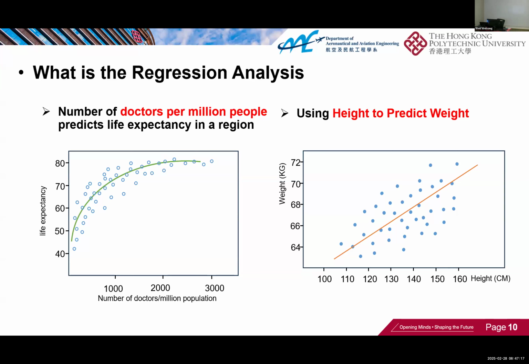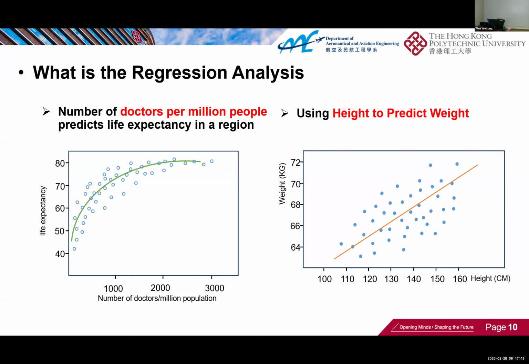Based on those data, you can fit a line, right? Based on this line, no matter how much data you get, for example, if you only have data from 160 centimeters, you should be able to predict the weight when the x-axis value is 2 meters. So this is the linear case.